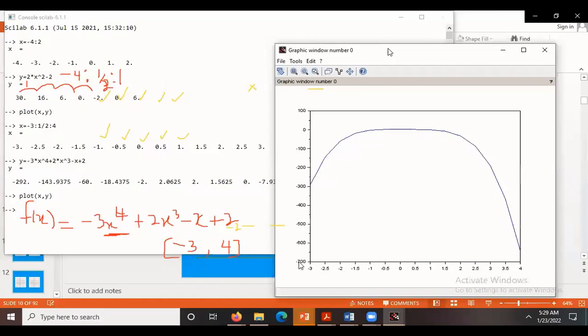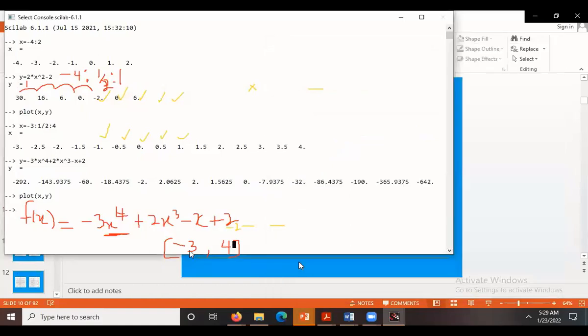Now I want to see the behavior of the function properly, so I'll change the interval. We want to see it on a very larger interval. So let's say we are choosing an interval from -10 to +10.